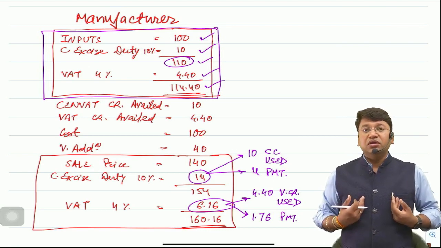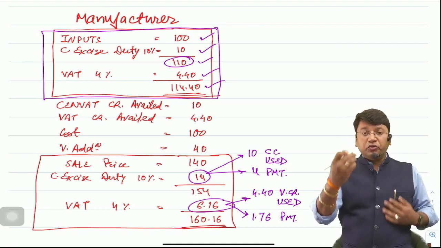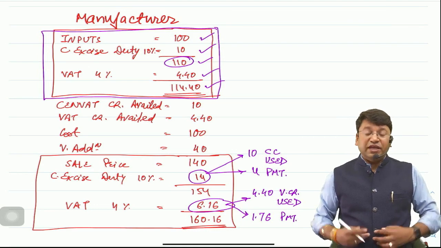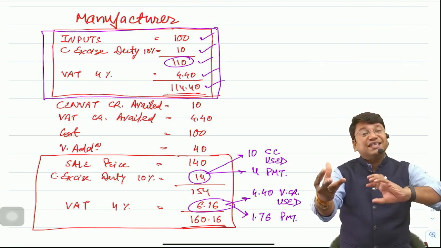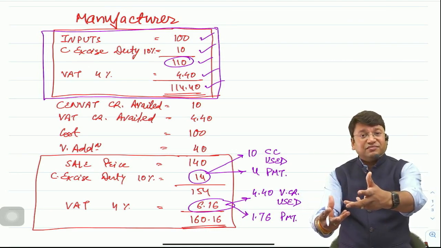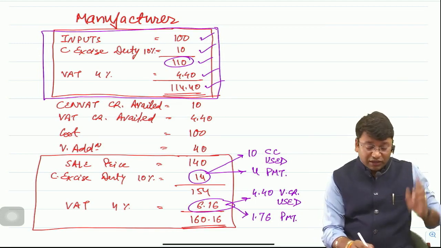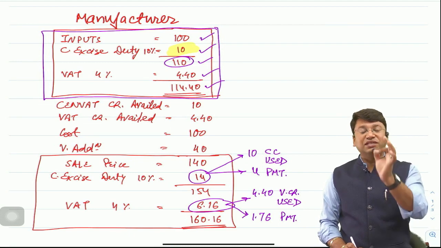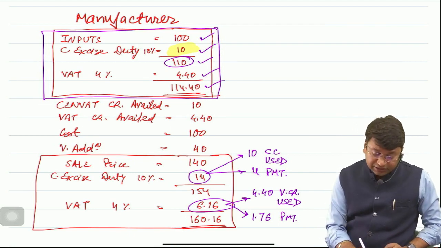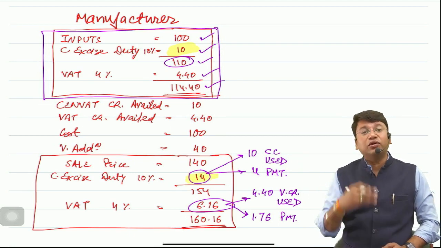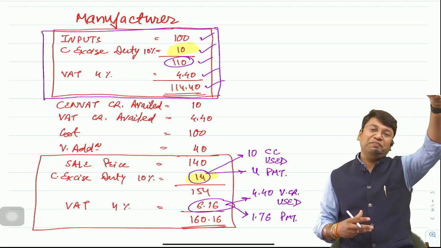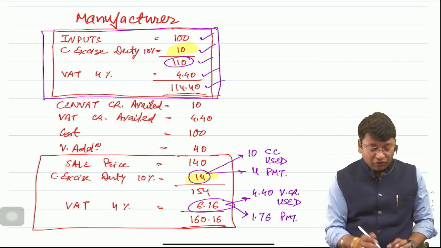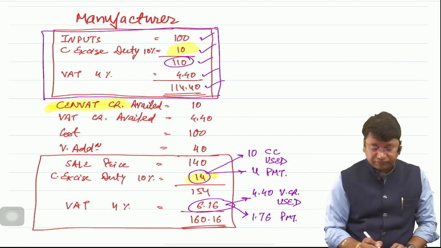Now the buyer, who is the manufacturer of some output goods, is also manufacturing goods on which excise duty will be charged. And since he has already paid excise duty on his purchases, and on his sale again excise will be charged, whatever excise duty was paid on the purchase of the goods was allowed as CENVAT credit.